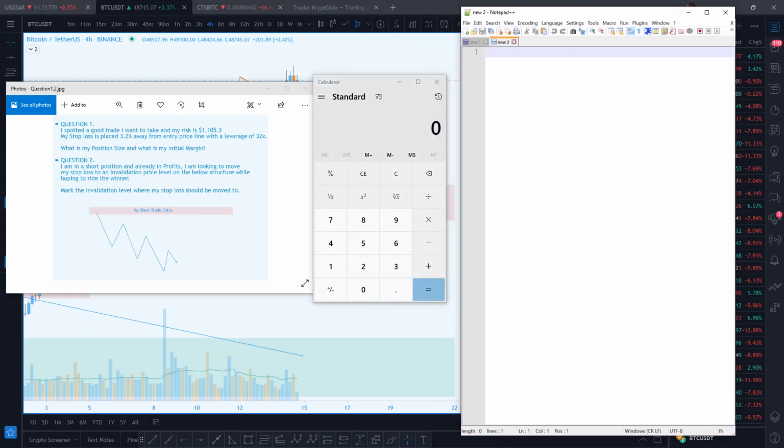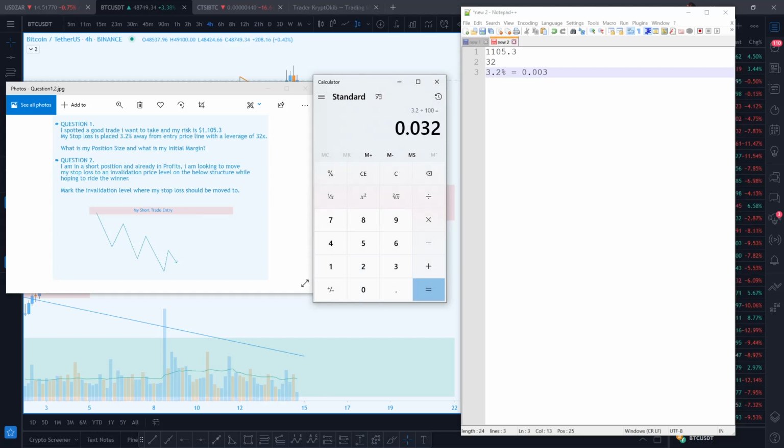So the first question is that we have 1,105.3, which I am risking, right? And then leverage is 32x, and distance to stop is 3.2% away, which should be the same as 0.032, which is 3.2 divided by 100.